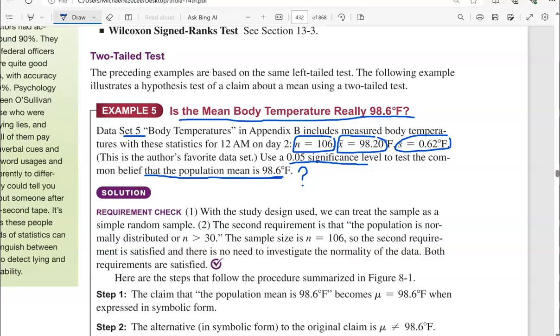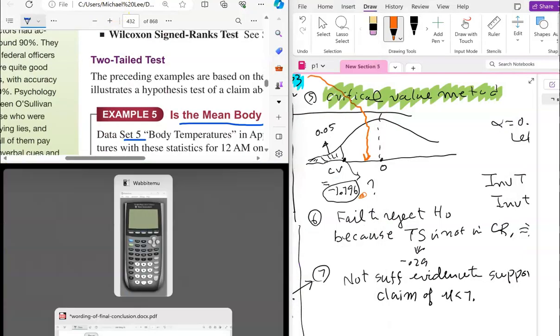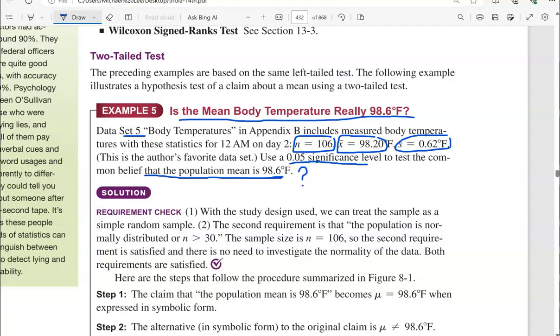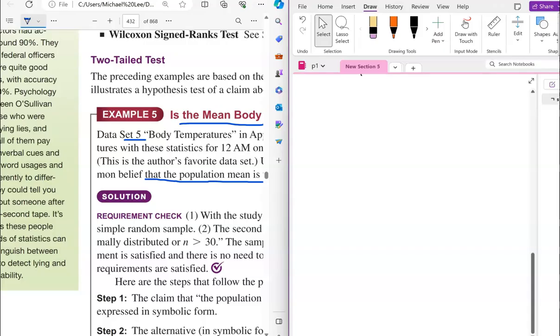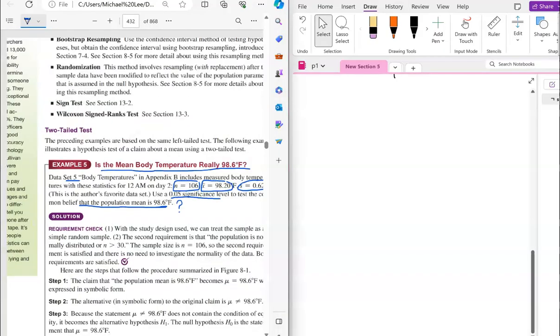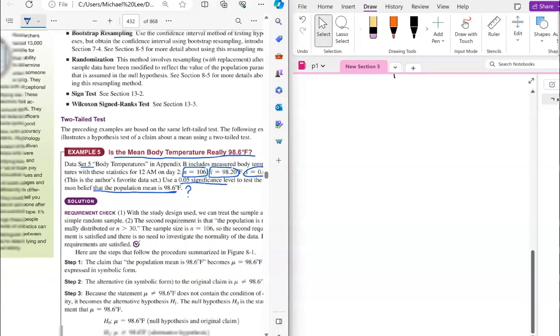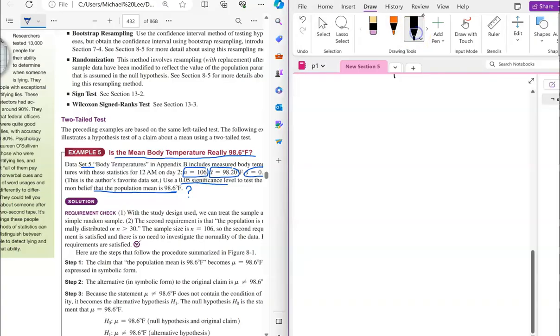All right, so now let's move it up. Always start with the 7 steps. Number 1 is the claim. The claim is that the mean body temperature is 98.6. Now it has an equal sign, so this is case 1 or case 2.